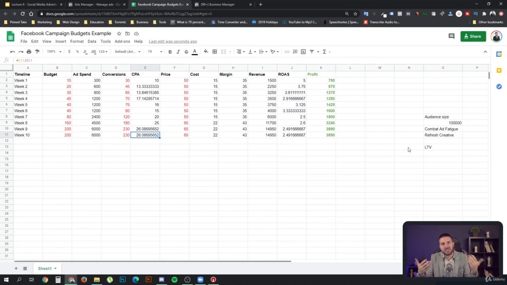And all of these things kind of come together. You don't just scale the budget when your campaign is successful. You need to understand that you also need to scale the audiences, find more targeting options. You need to refresh your ad creatives, expand your market, and improve your business and increase your customer lifetime value, like I taught you in the business fundamentals and marketing fundamentals courses.